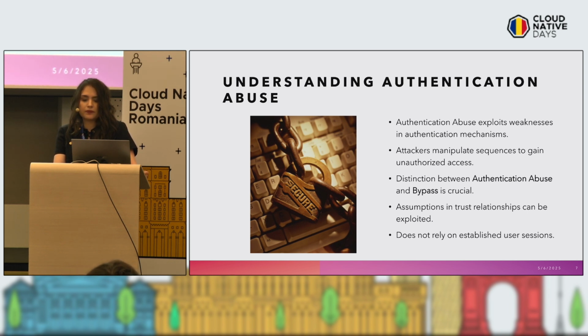If the token doesn't have an expiration period, the token could be reused, and this way an attacker could exploit this scenario. This is one example of a flaw in the authentication system, but it's not a bypass.